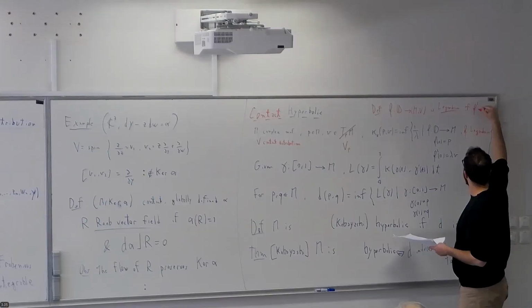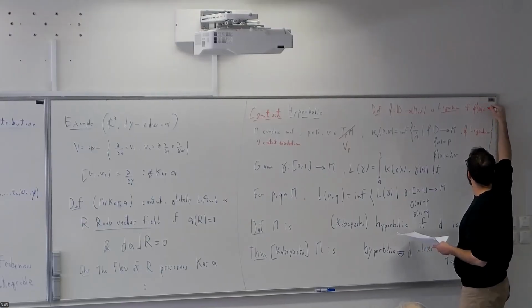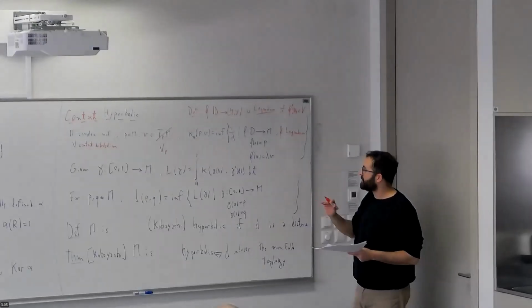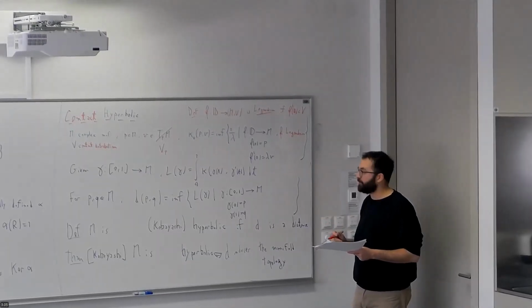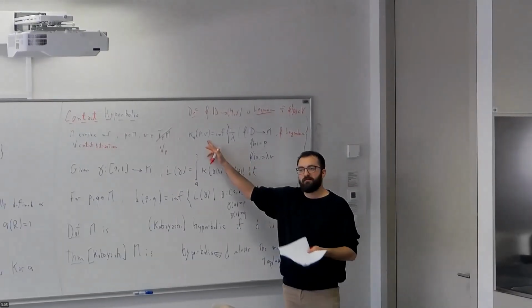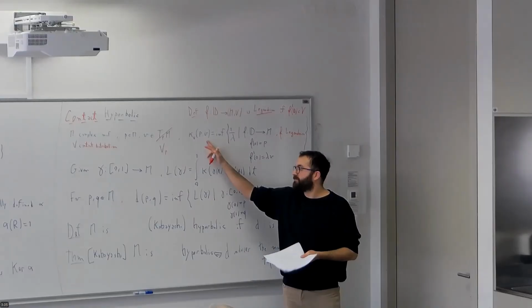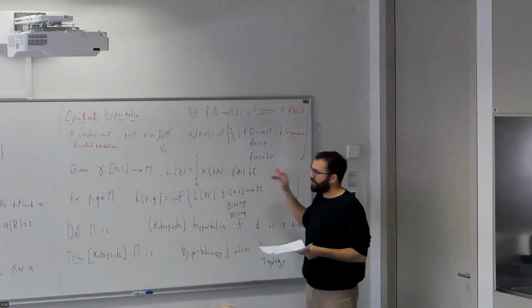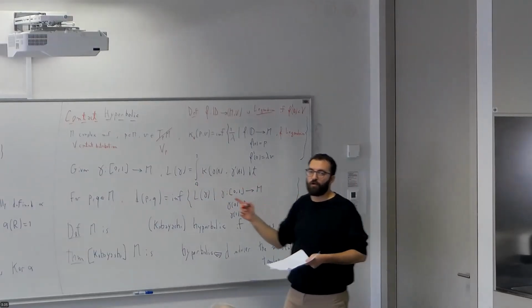if the derivative at every point, and this is shaky notation, but you can understand, is in V. So we only restrict ourselves to consider these vectors. So we assign a length, this Kobayashi pseudo metric, to vectors in V. And then we want to do the same thing, but now for curves.